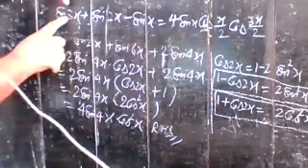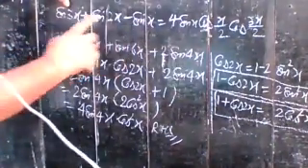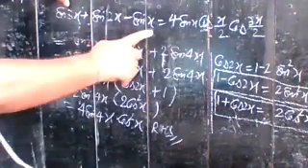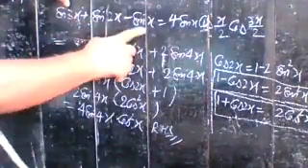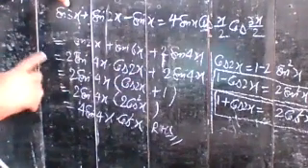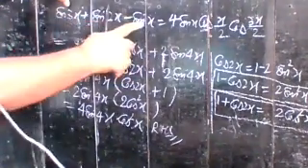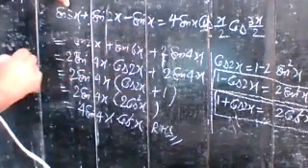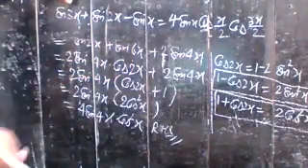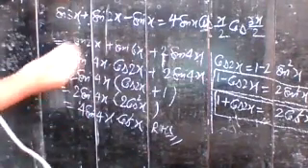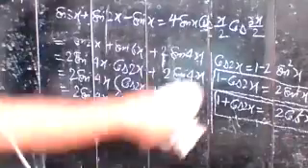Here you apply the identity in the first and last term, sine x minus sine y. So sine x minus sine y is what? 2 cos (x plus y) by 2 sine (x minus y) by 2. So first you apply the identity in the first and last term, and sine 2x can be written as 2 sine x cos x, and take out common and see, yes, you will have your right side.